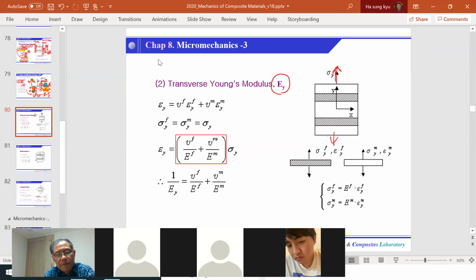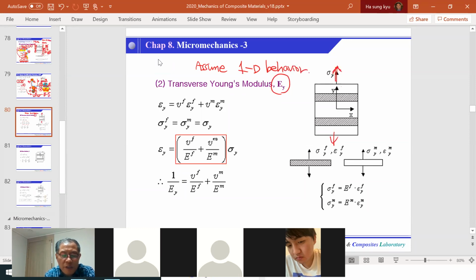As you can see, stress amplification. Okay, let's derive. And here, of course, we assume 1D behavior, one-dimensional behavior.